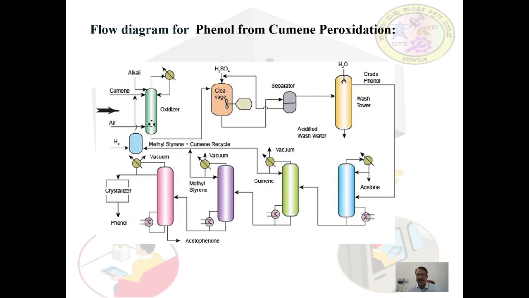This is an agitated vessel at 55 to 65 degrees Celsius. The reaction products are separated into 2 aqueous acid layers for recycle to the cleavage vessel and an oily layer containing 76 weight% cumene, 14% phenol and 8% acetone and 1 to 2% alpha methyl styrene and acetophenone.